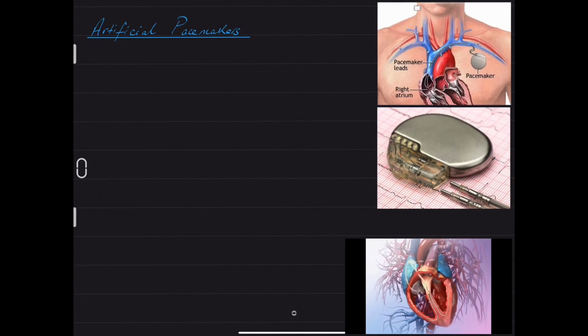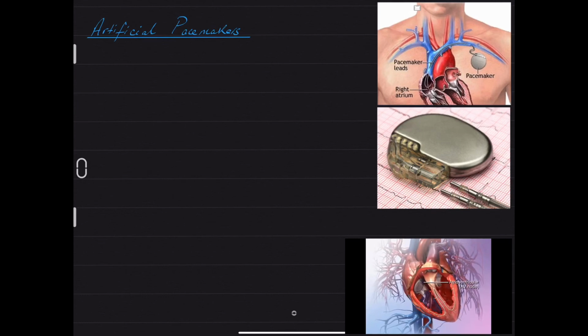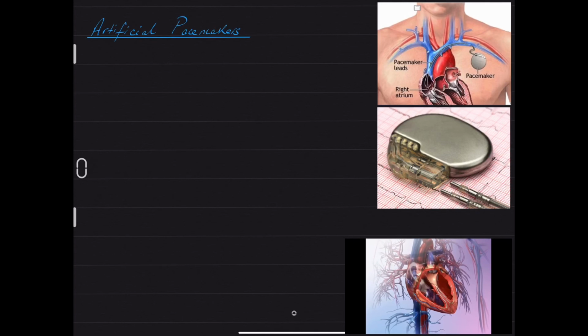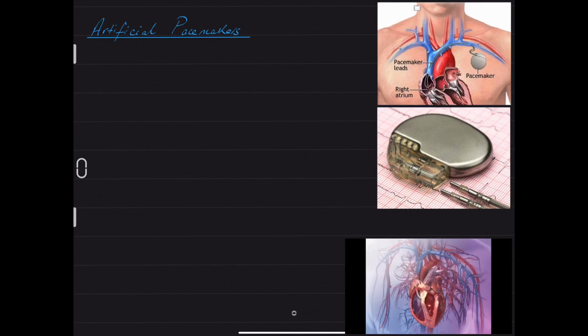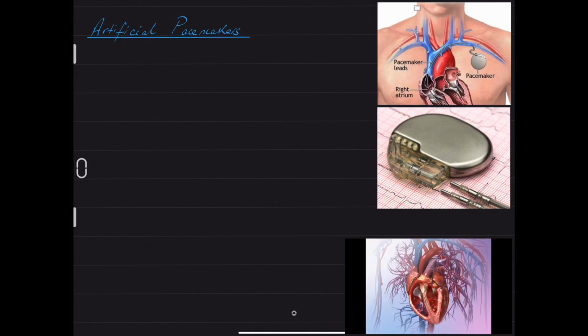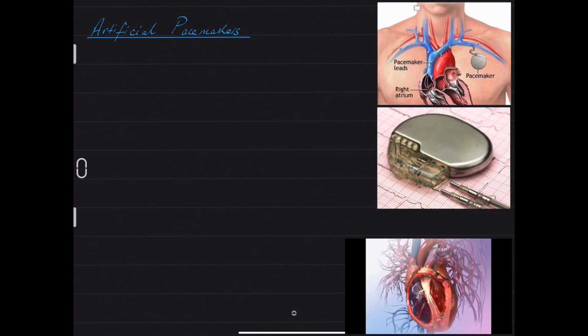Artificial pacemakers only weigh about 20 to 50 grams, and they are attached to the heart via 2 wires. If you look at the second diagram to the right, you can see where the 2 connections are coming into the artificial pacemaker. The artificial pacemaker sends strong, regular electrical signals to the heart to stimulate the heart to beat properly.